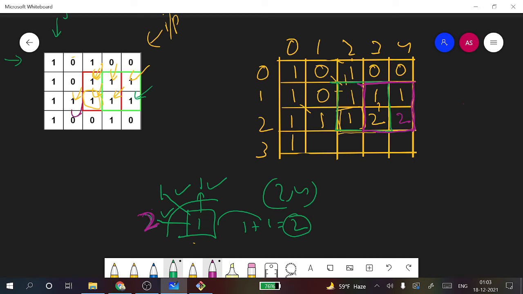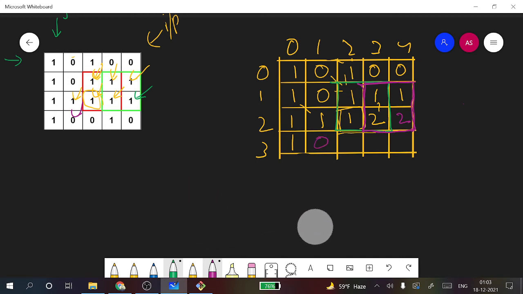Now the next is 0. We cannot do anything because we cannot consider this block as the rightmost bottommost block. Now this is 1. Yes, we can consider this as the rightmost bottommost block. This 2 we can expand up.